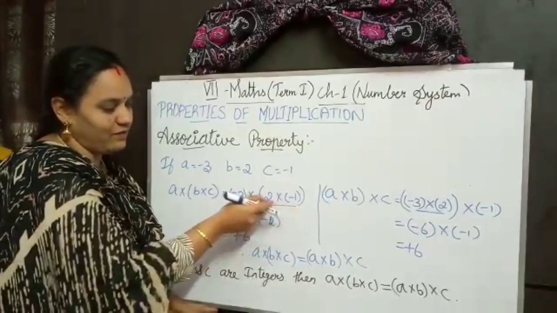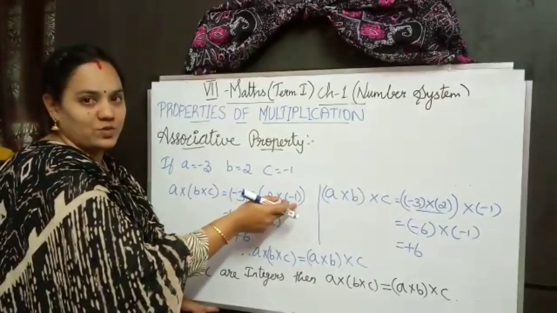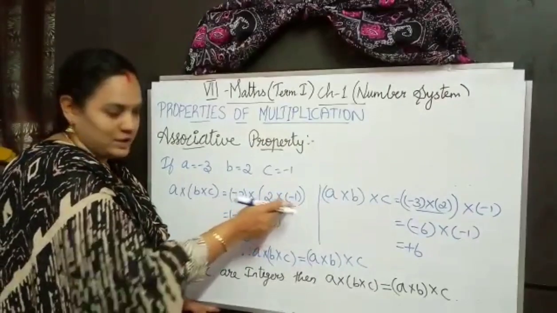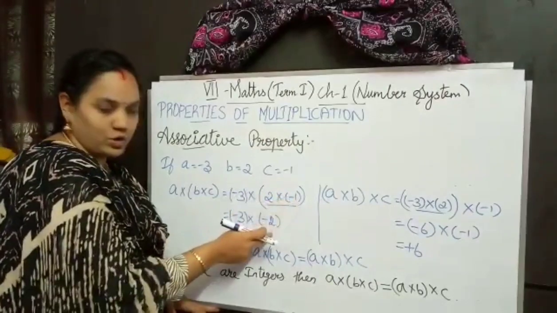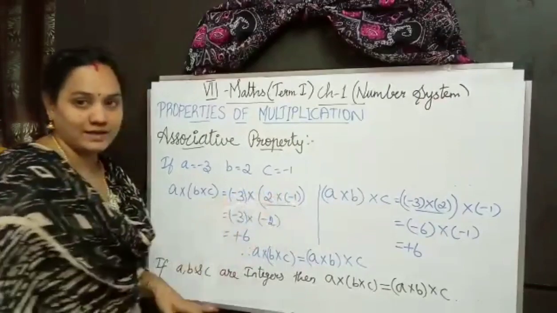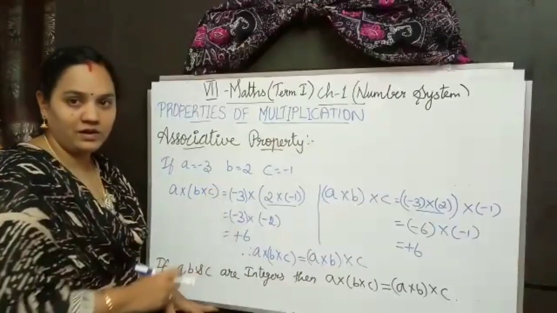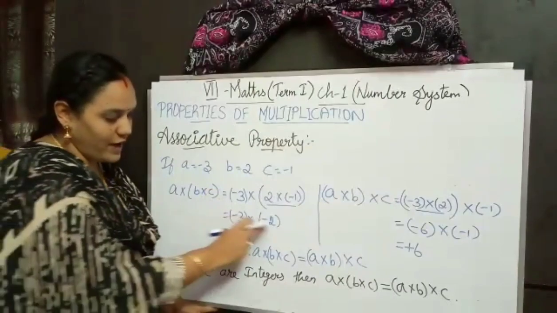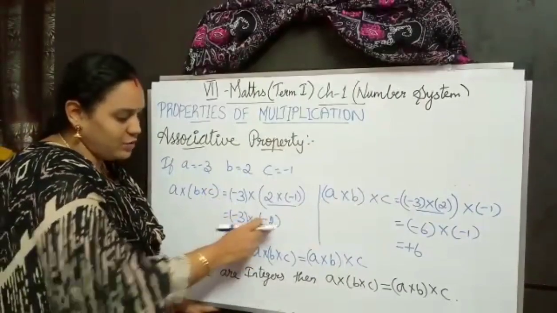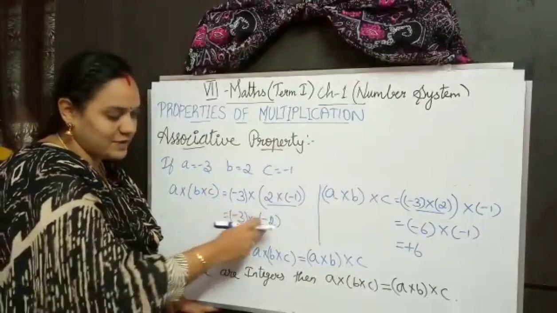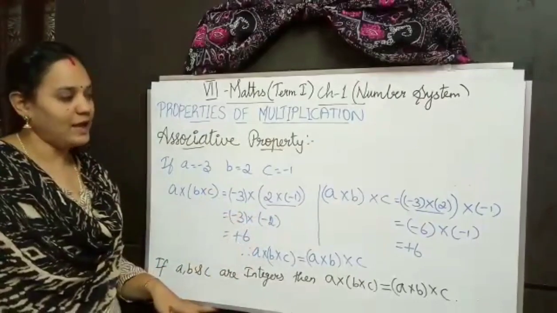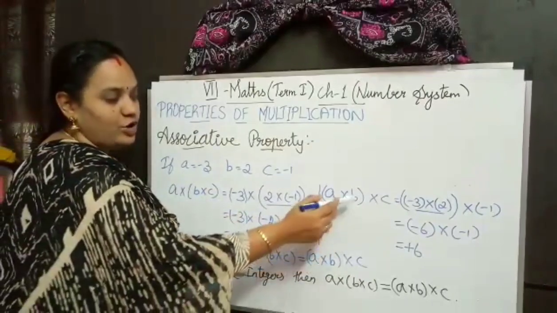So inside the bracket we have 2 into minus 1. 2 ones are 2, different sign, so minus. So minus 2 here and this minus 3 will come down. Now we have two integers. So 3 2s are 6. Same sign, so plus.